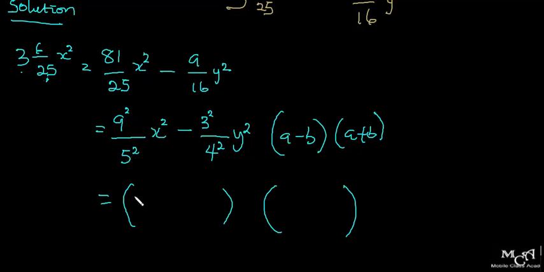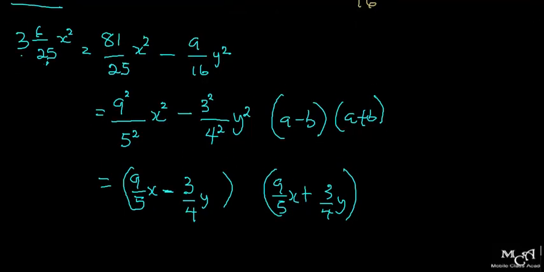So let's open two brackets. Let's pick one: 9 over 5x. On the second side, we have two 3s, two 4s, and two y's. So let's pick one: 3 over 4y. Let's introduce our sign. So if this side is negative, this side will be what? Positive. Are we together?